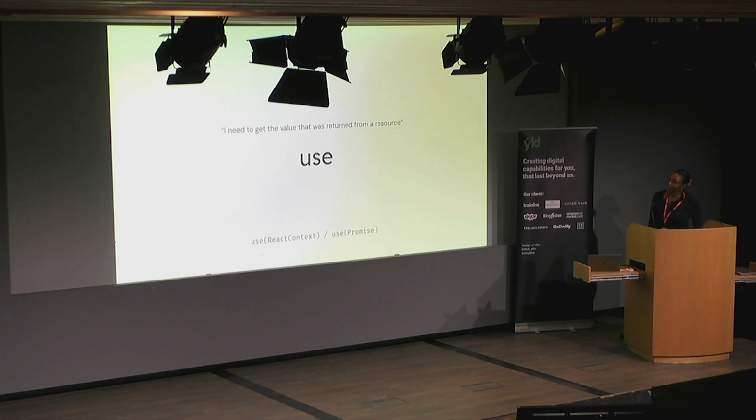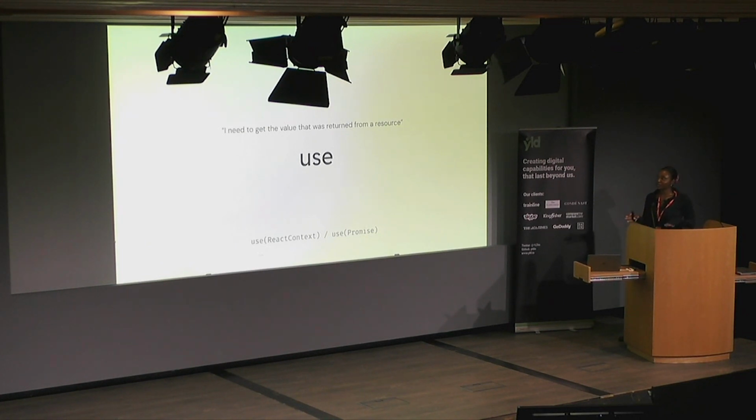And then use, this replaces a few hooks that we've recently looked at. So this is a great hook because it actually has 3 functionalities in one hook. If you think of promises in React and context in React, it basically replaces the useContext hook that we just looked at, and it also allows you to pass in promises.